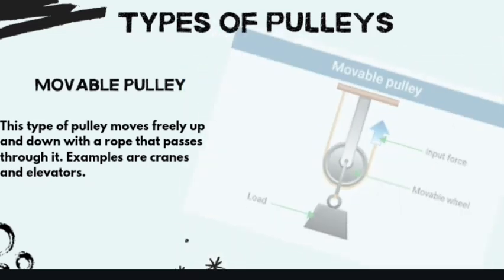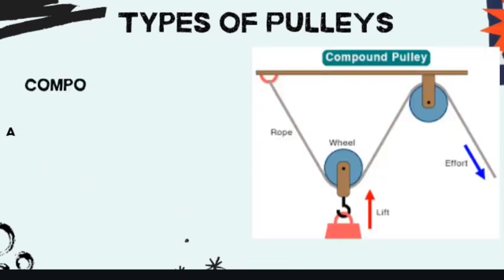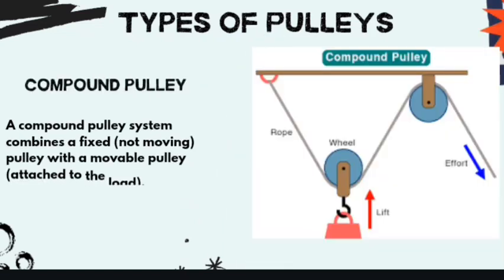Now we also have the compound pulley. One thing about the compound pulley is that it combines both the fixed pulley and the movable pulley to form a pulley system. So it combines both the fixed pulley, that is the one that is not moving, and the movable pulley. Okay, that's all about compound pulley.